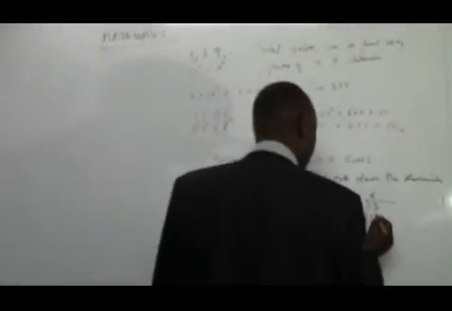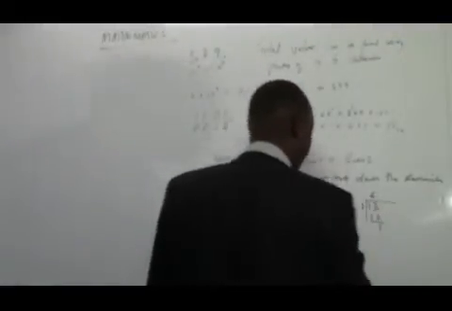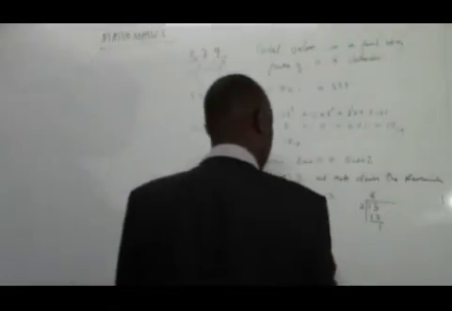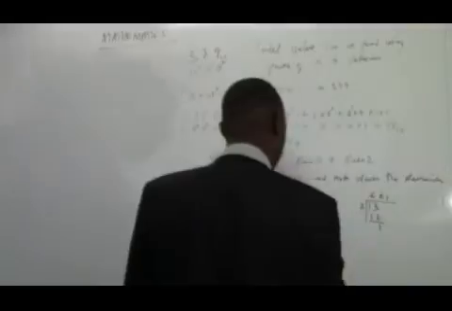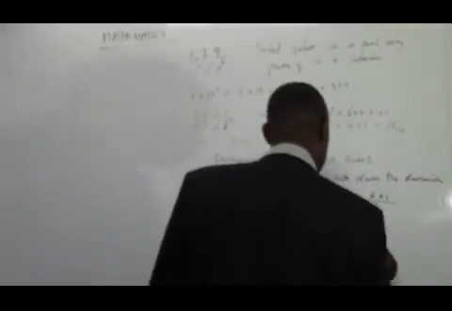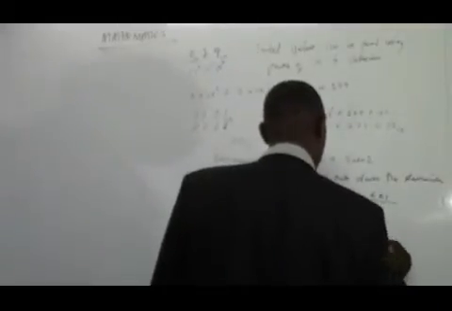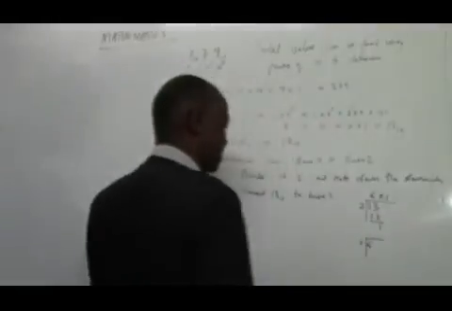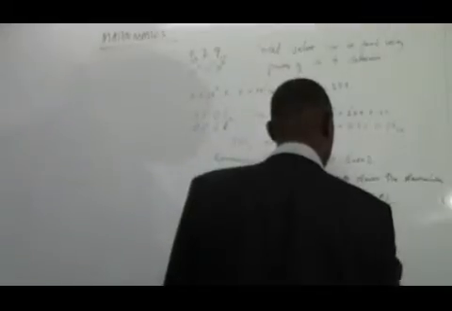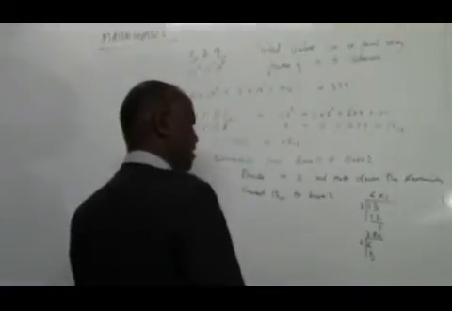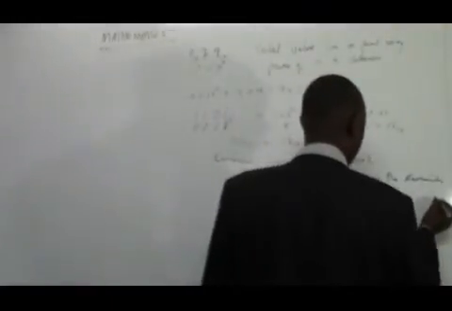Again, we are left with 6. So this is 6, remainder 1. Then we take 6 and divide by 2. What do we get? We get 3, because of 6, remainder 0. So we write our remainder there as 0.